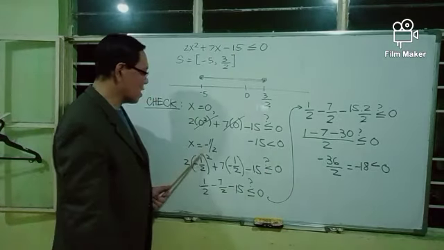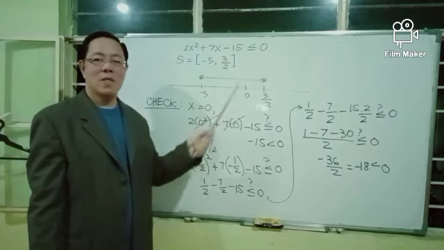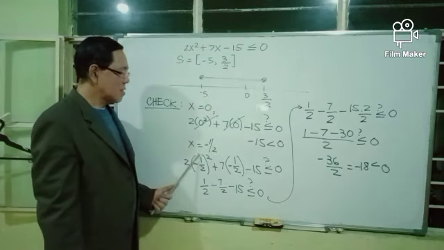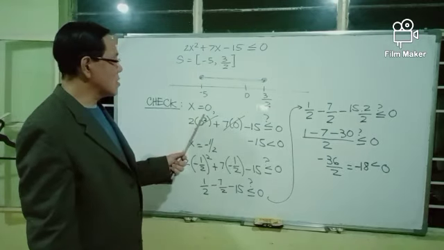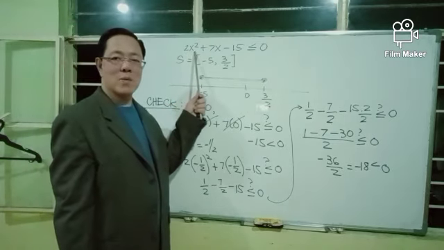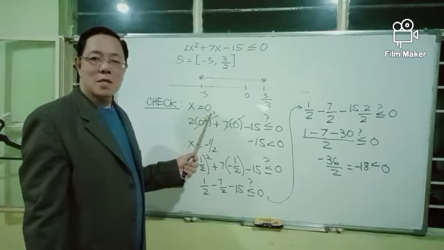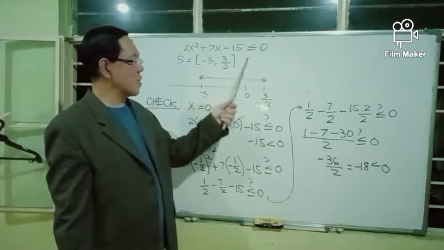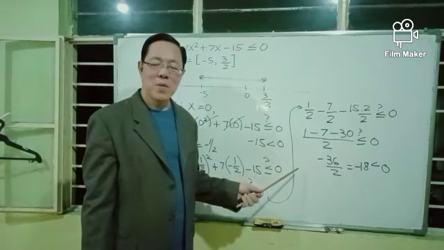Thus, the value of x equals negative 1/2 satisfies this quadratic inequality. Thus, x equals negative 1/2 is a solution. X equals 0 is also a solution of this quadratic inequality because when we substituted 0 for x in the quadratic expression, we get a number, negative 15, that is less than 0.